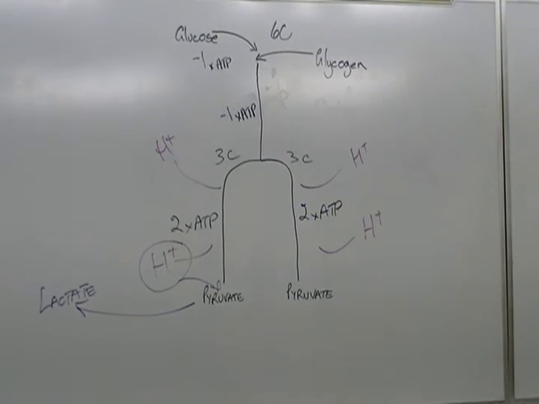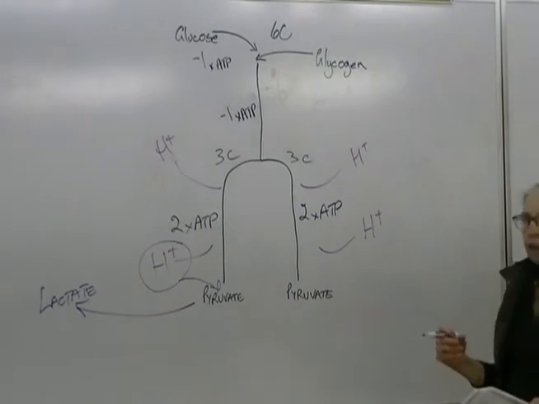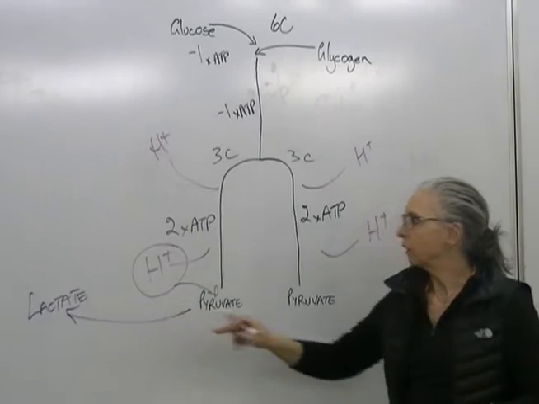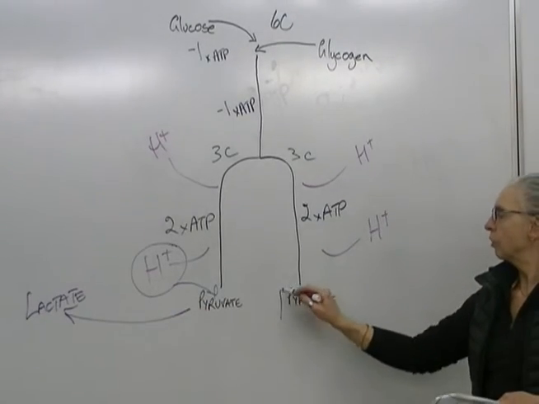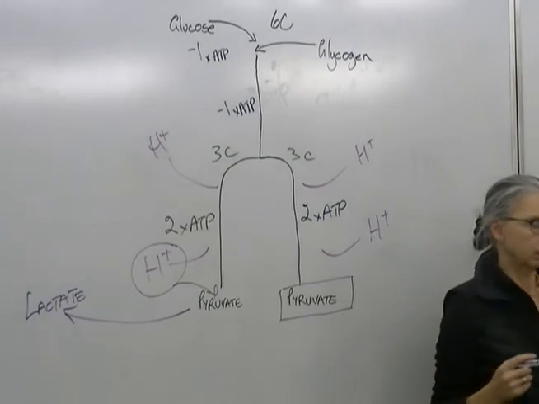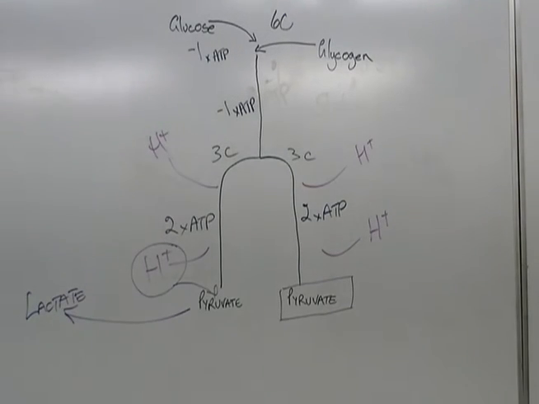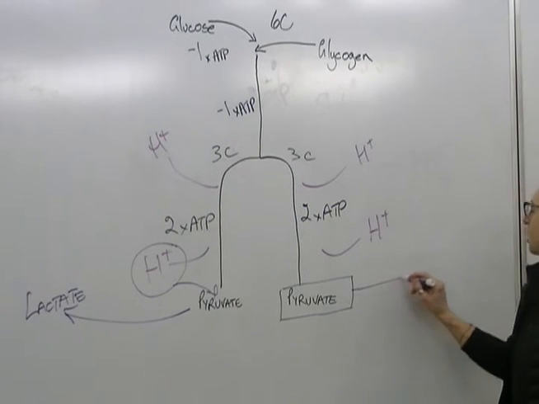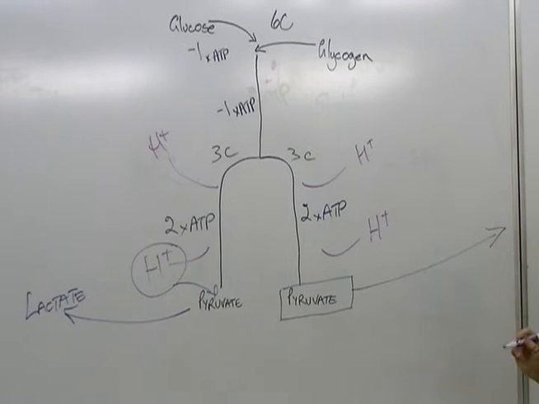Just know that it can. If we're going to be working aerobically, so that we are working for longer than 3 minutes, then my carbohydrate can be shuttled elsewhere in the muscle cell and be used to fuel aerobic metabolism.